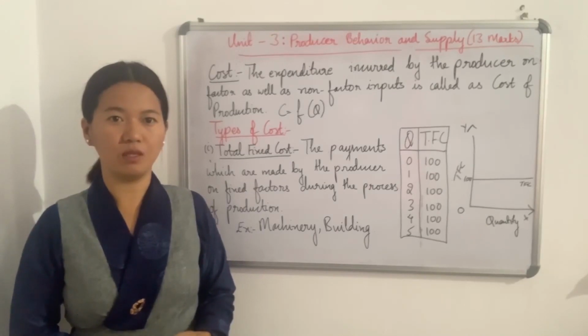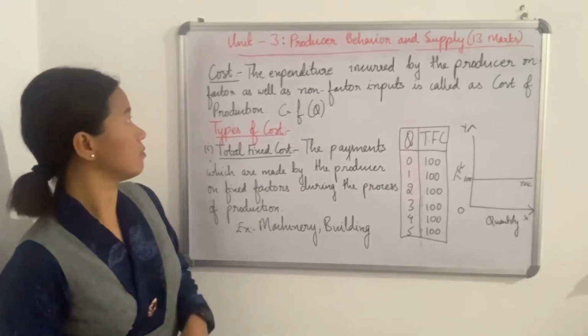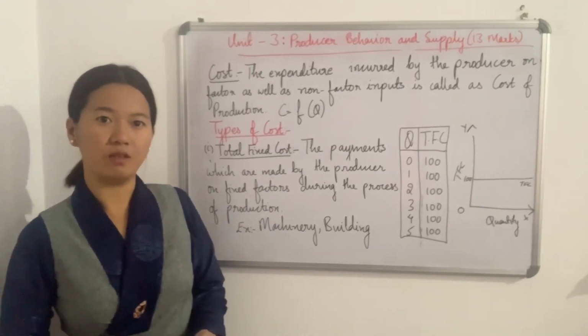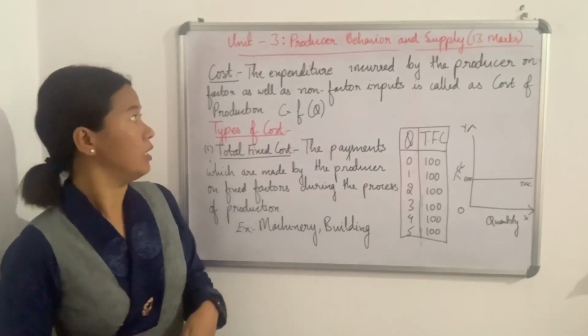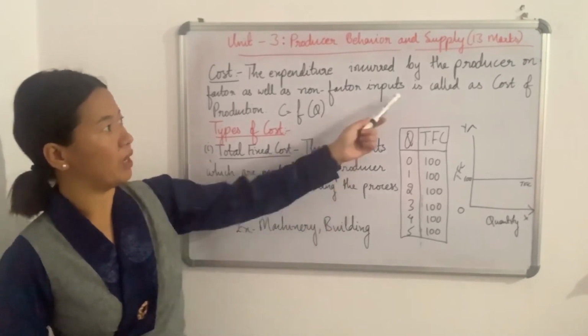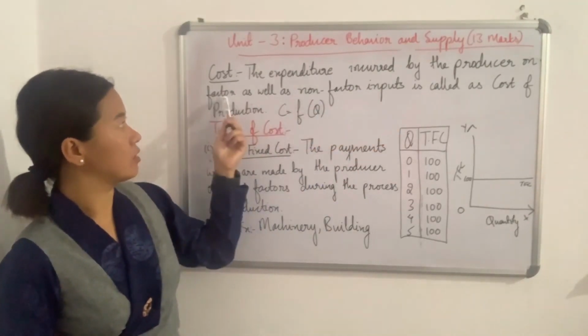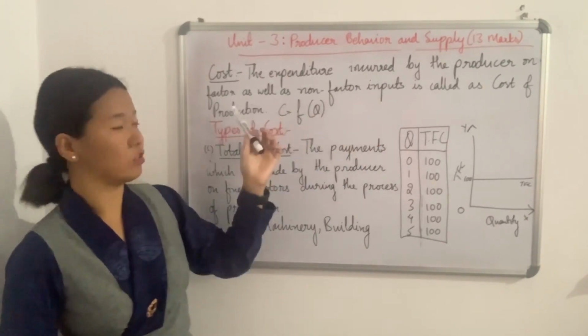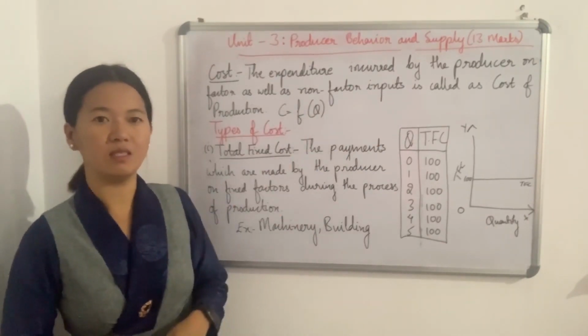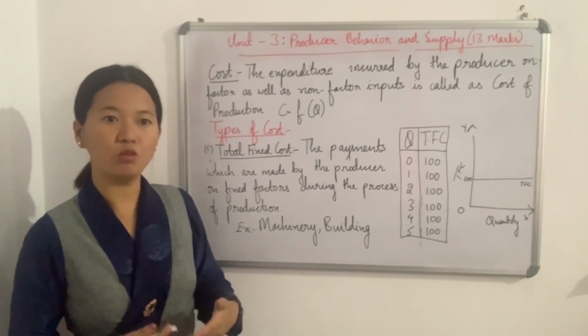First, let us go through the meaning of cost. The cost, in simple words, refers to expenditure, and from the producer's point of view, the expenditure incurred by the producer on factor as well as non-factor inputs is called the cost of production. It is an expenditure, and who spends that?